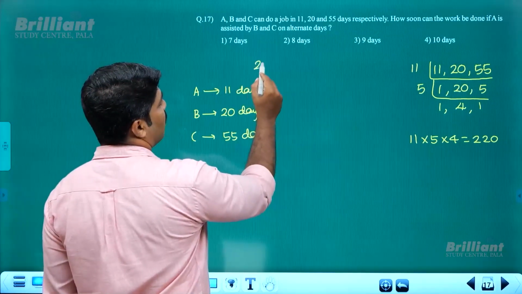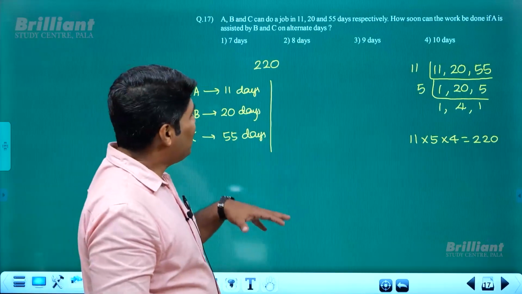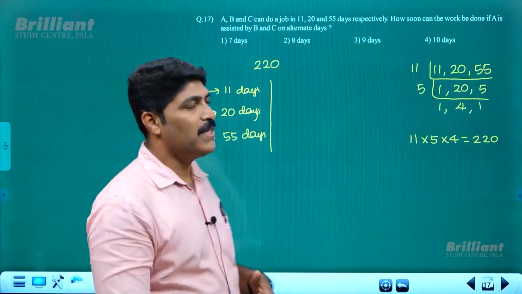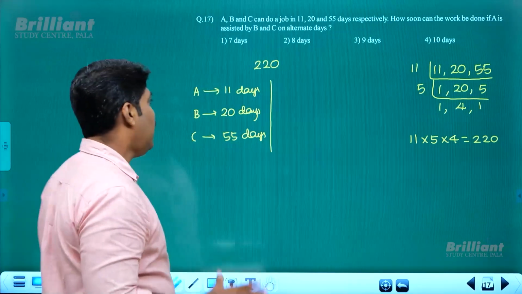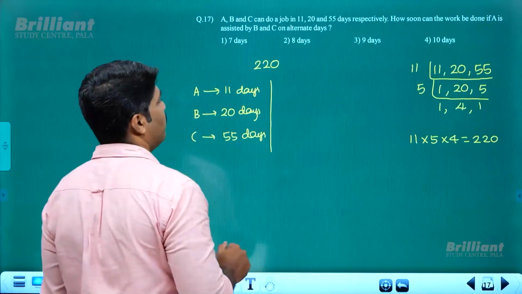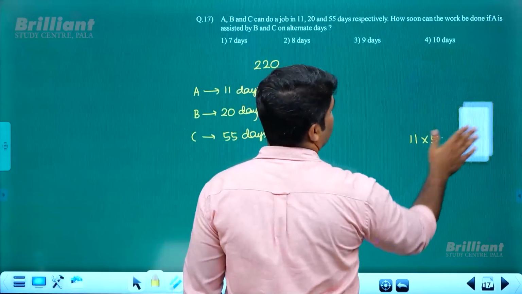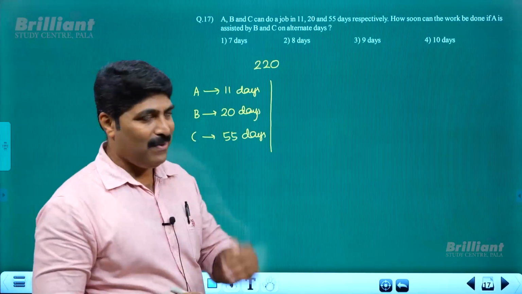Therefore, the total quantity of work that we assume is 220. We assume the situation like this: they have to bind 220 books. Individually, A required 11 days for the completion of this work. If A required 11 days, what is the efficiency of A?